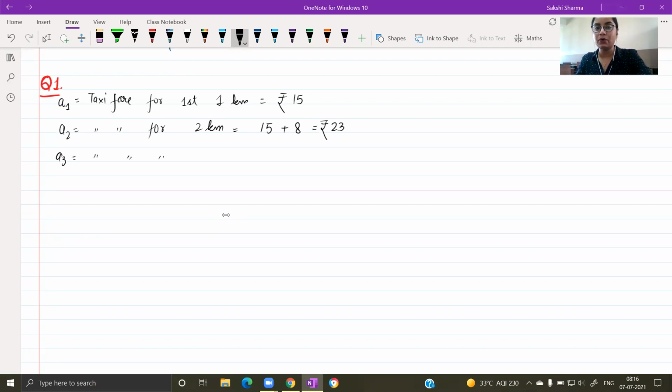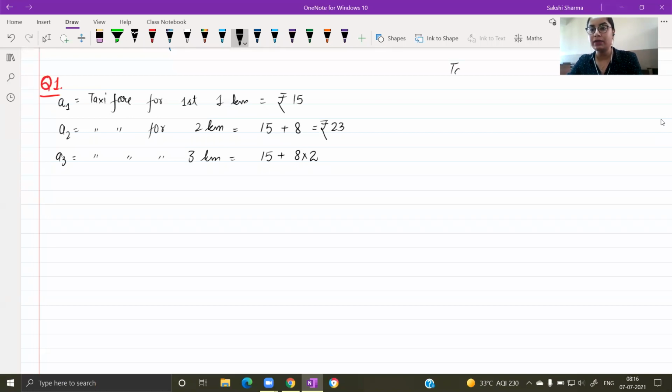Then the taxi fare for 3 kilometers: for the first kilometer plus 8 multiplied by 2.